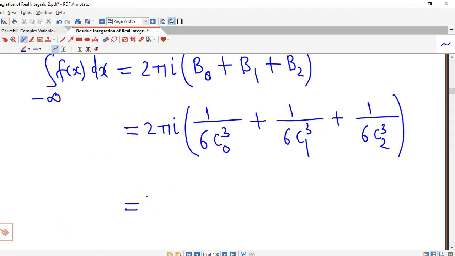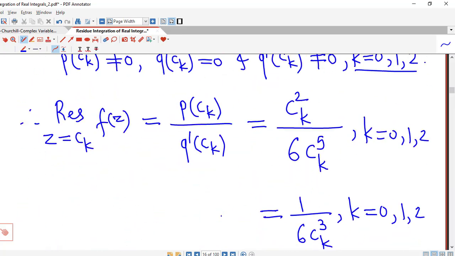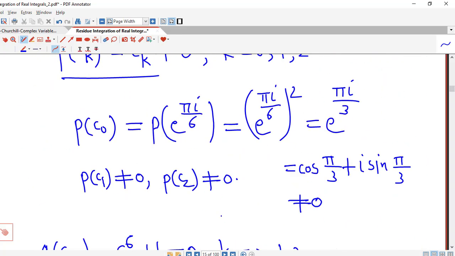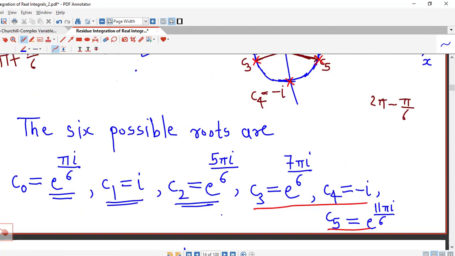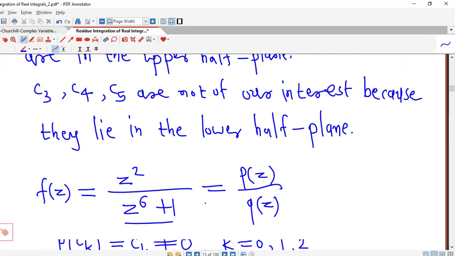Now this we can again simplify. We are interested in c0 cube, so 1 by 6 here. Now c0 is e raised to pi i by 6. So first we have c0 is e raised to pi i by 6, c1 is i, and c2 is e raised to 5 pi i by 6.